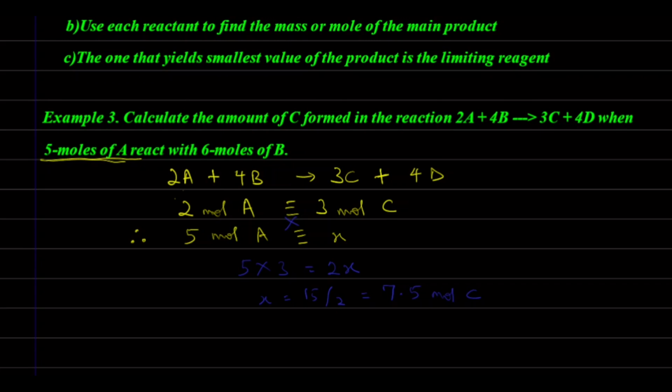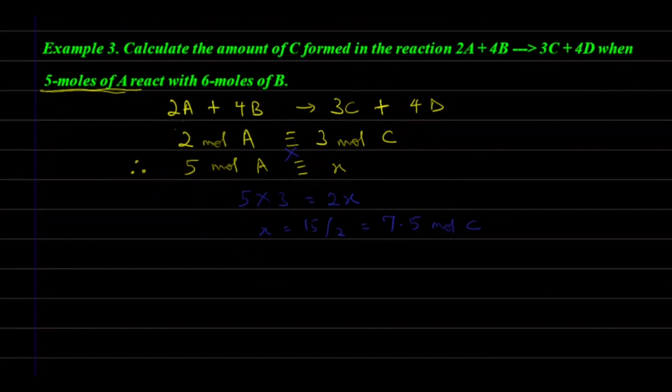Now let's check the second reactant. We want to compare B with C. According to the balanced chemical reaction as well, 4 moles of B produce 3 moles of C. Therefore, B's mole in the question is 6.